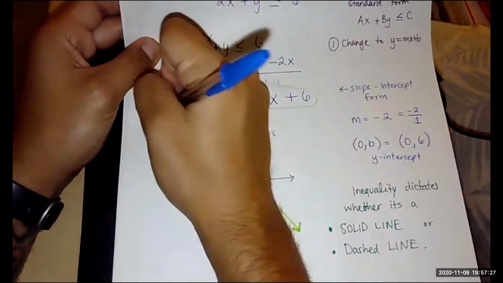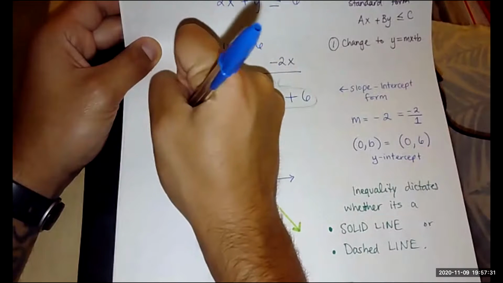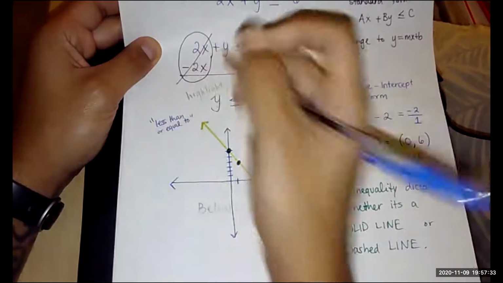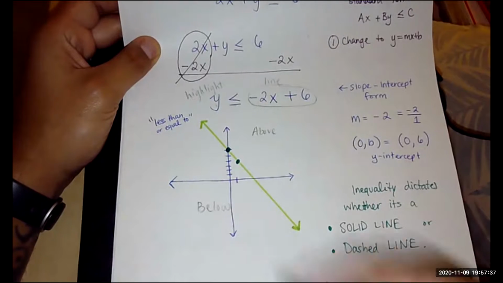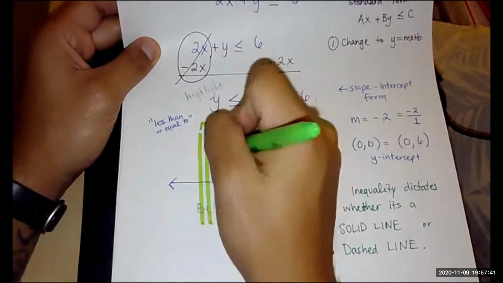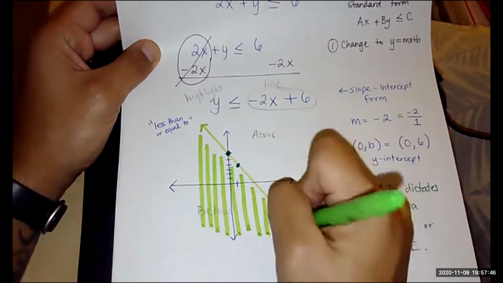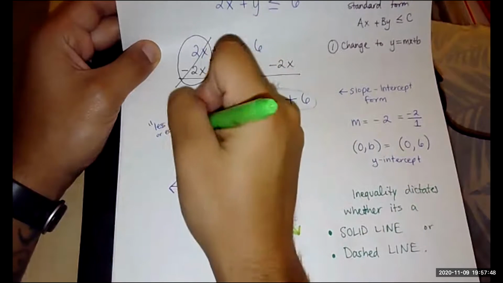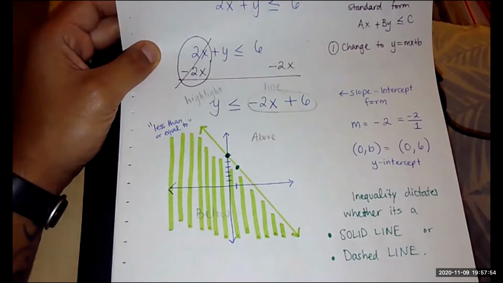So since this is less than or equal to, what we want to do is highlight everything below the line. And that will be the graph.